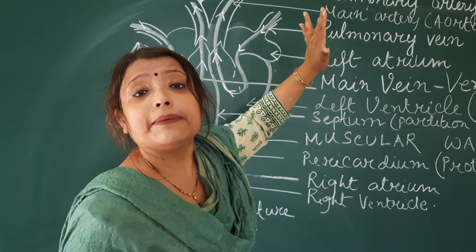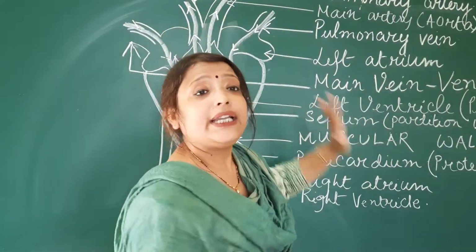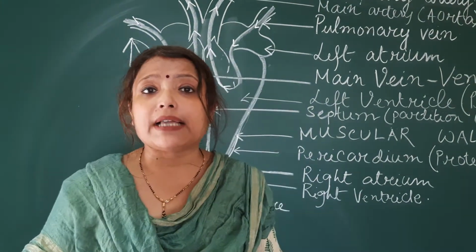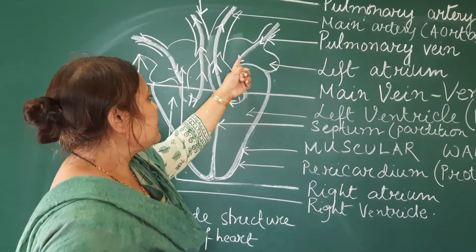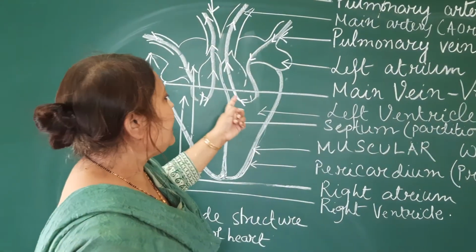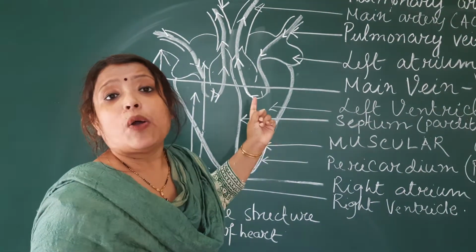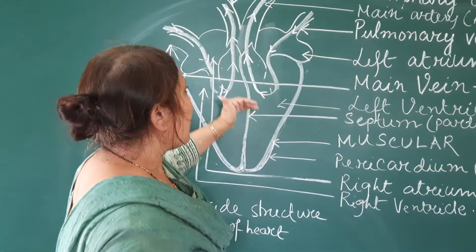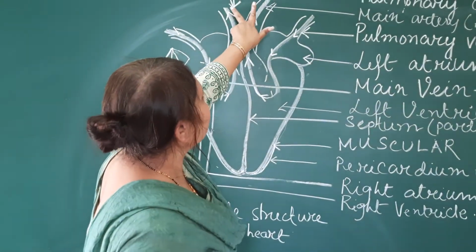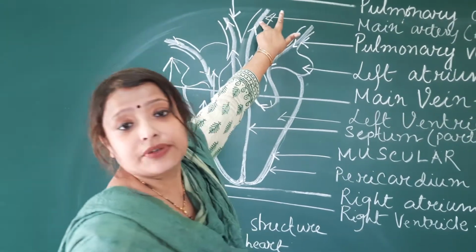As the left atrium is now filled with the oxygenated blood from the pulmonary vein, the blood passes on to the left ventricle, after which the main artery attaches.